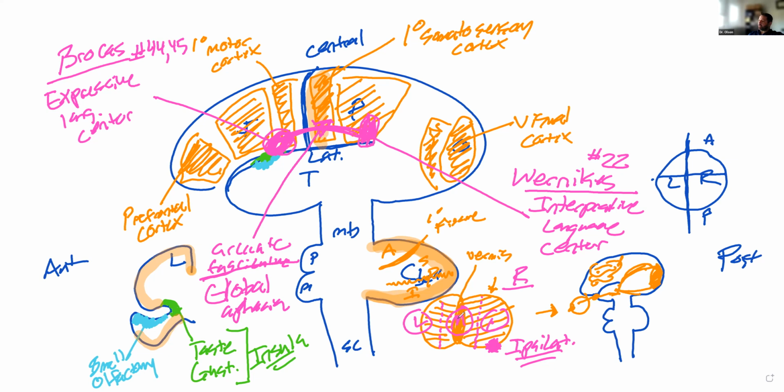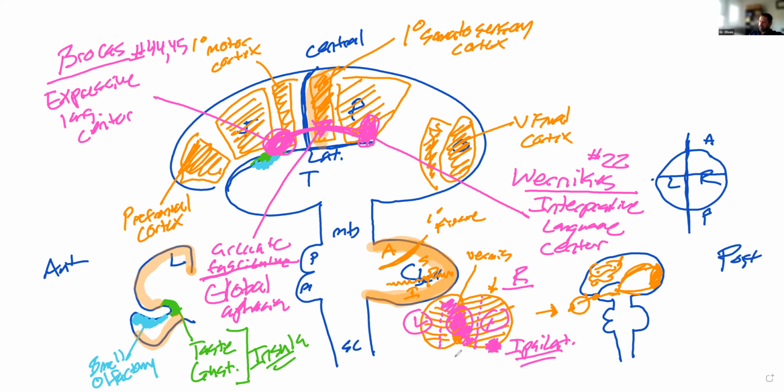If you have a lesion towards the center area here, then we call this a truncal ataxia. So this is more the medial, your big primary movers of your hips and your abdomen and your trunk and so forth. So they'll have ataxia.